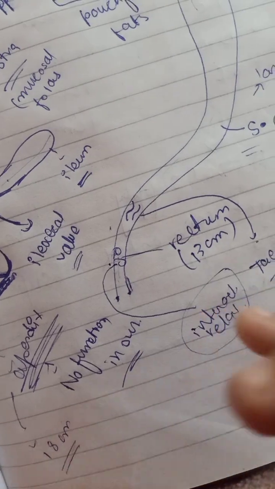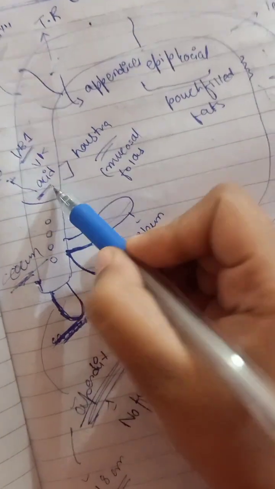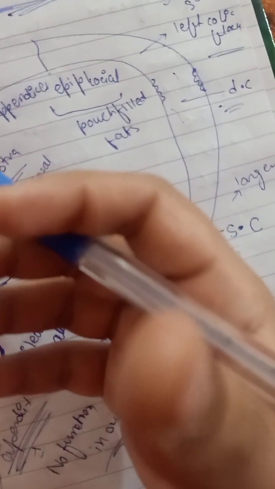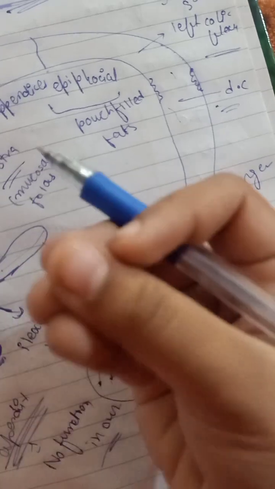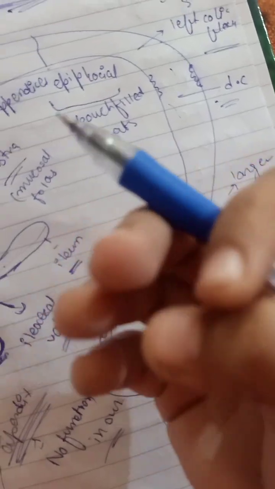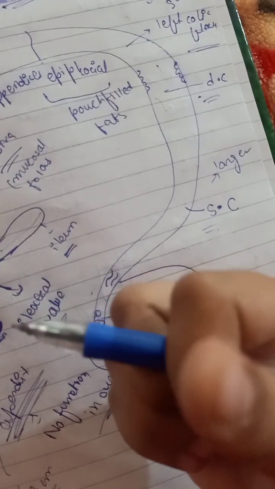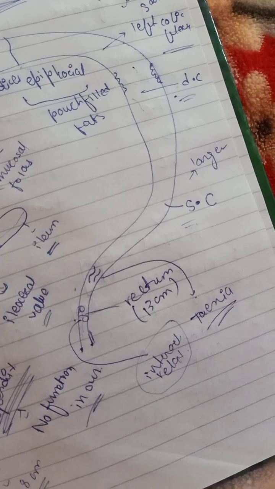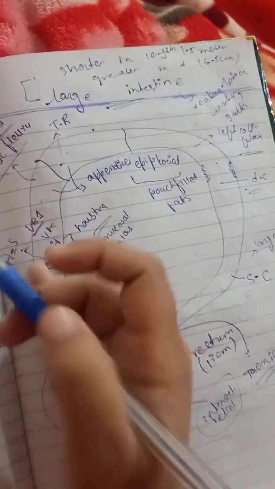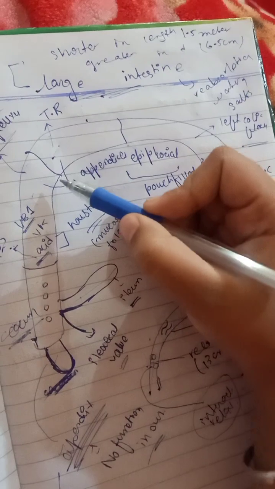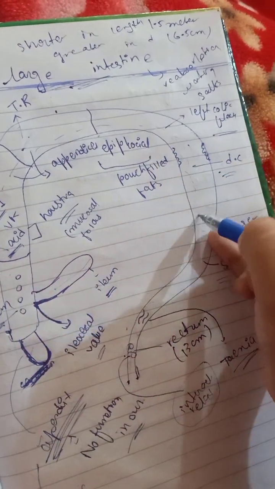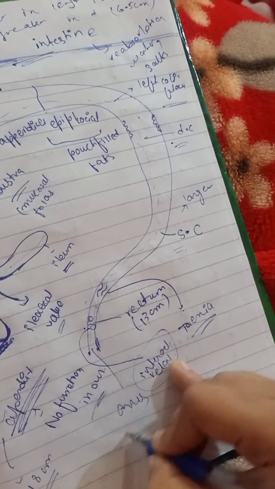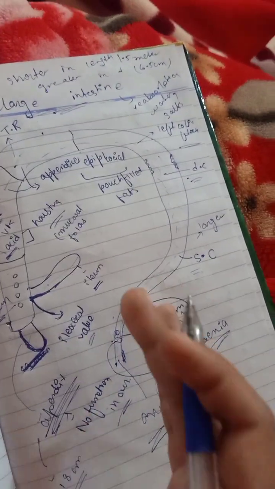As I told you, the vitamins that get reabsorbed include nicotinic acid, vitamin B12, thiamine, as well as vitamin K, for many functions. That is the large intestine, where these processes occur, and the feces move outside through the rectum to the anus. So this was about the large intestine.